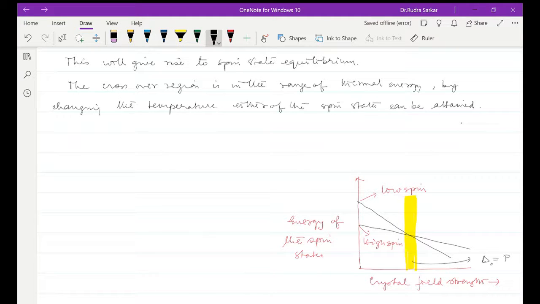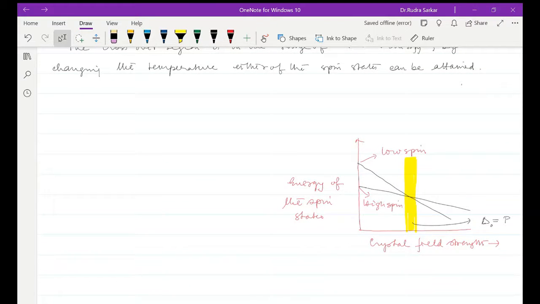Okay, so as we can see over here, when the crystal field is low, we have the low spin with higher energy, and the high spin is lower energy.